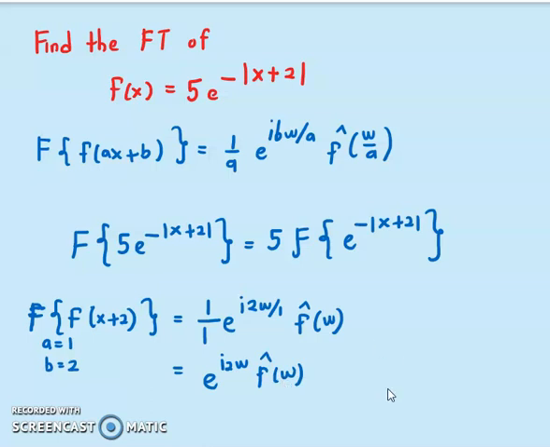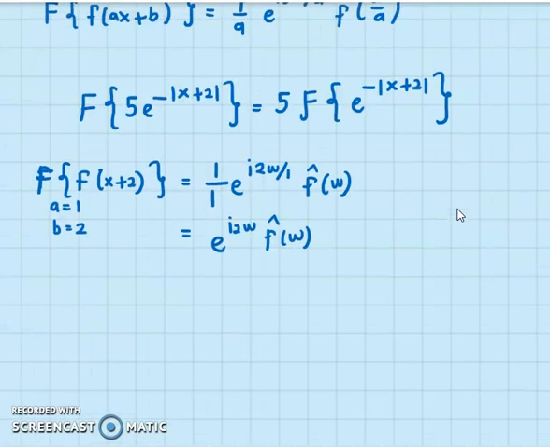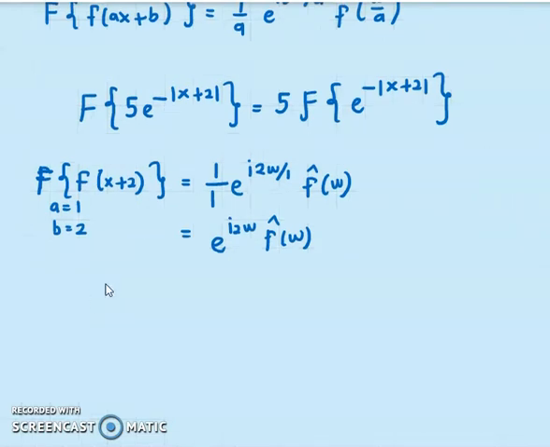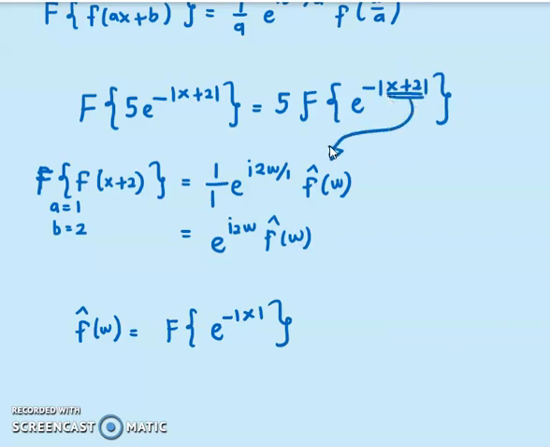So what is my f hat omega? My f hat omega now will be the Fourier transform of e^(-|x|). So we have evaluated this part here.